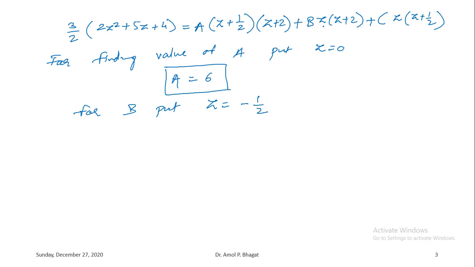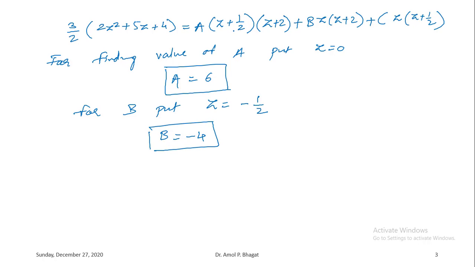And multiplied by minus 1 by 2 will be there, correct? Similarly here you will get this 2 multiplied by 1 by 4 minus 5 by 2 plus 4, and 3 by 2 will be there, right? So if you solve it for the value of z is equals to minus 1 by 2, then you will get value of b, and what you will get, value of b is equals to minus 4 you will get there, right?